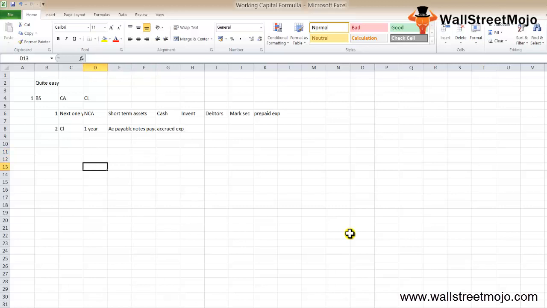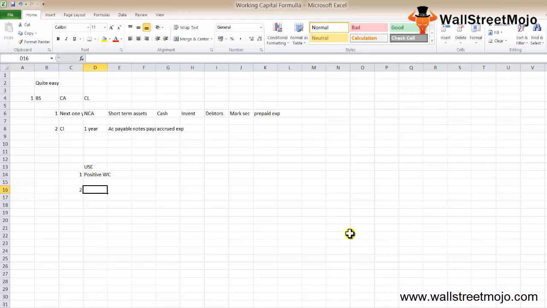Now what exactly is the use? I want you to understand the use of the working capital formula. Working capital depicts many things about a company. Let's say the company has positive working capital, that means the current assets are more than the current liabilities, then the company is in a good position in terms of efficiency, liquidity and overall financial health.